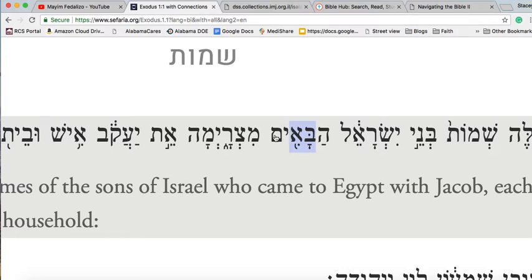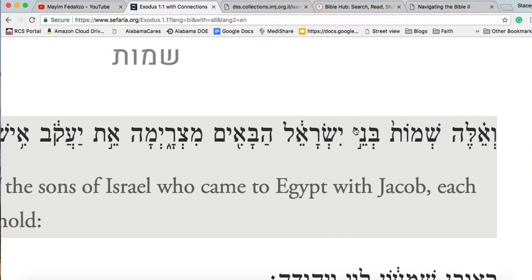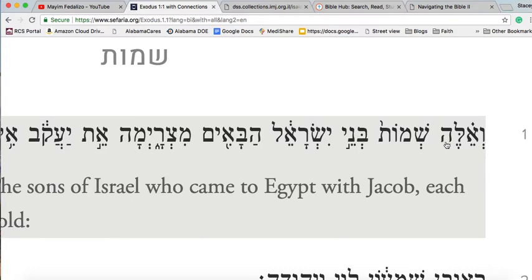So it's saying this is the goings of these, and it's talking about something that's plural. So it must be talking about multiple people who are going. So let's go back to the very beginning. Ve'ele shemot b'nei Yisrael habaim. So these are the names of the sons of Israel who are going.